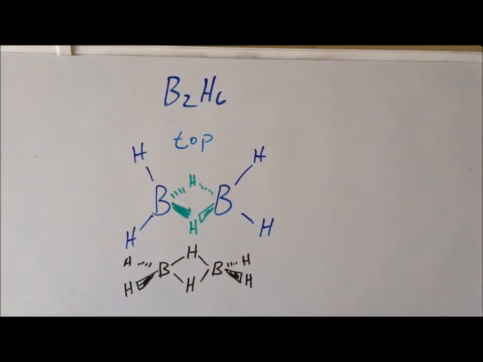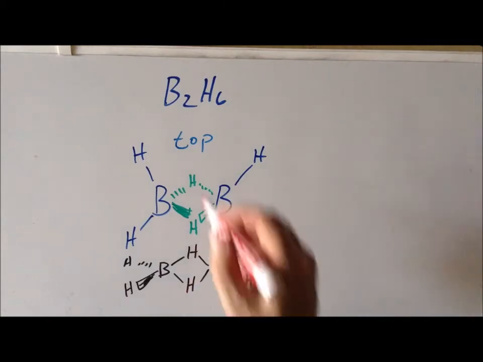So we'd like to determine the point group symmetry of this particular molecule. And the high order rotation axis we can find by, well, one way to do it is through here.